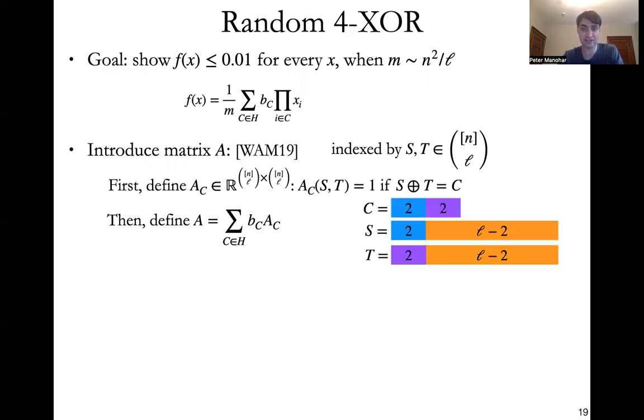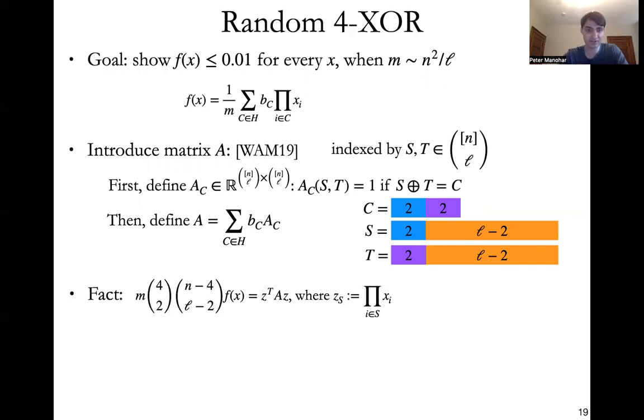So if C is size 4, then we can break it up into 2 subsets of size 2. And the only way for the symmetric difference of S and T to be C is if S contains half of the clause C along with l minus 2 other variables, and T contains the other half of C along with the same l minus 2 variables. And then you can see when we take the symmetric difference, the orange set will cancel and be left with just the blue and the purple, which is equal to C.